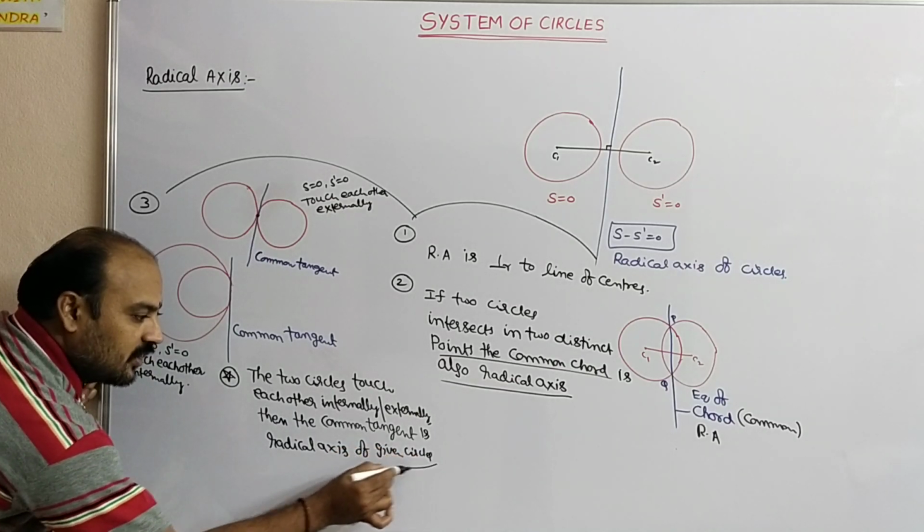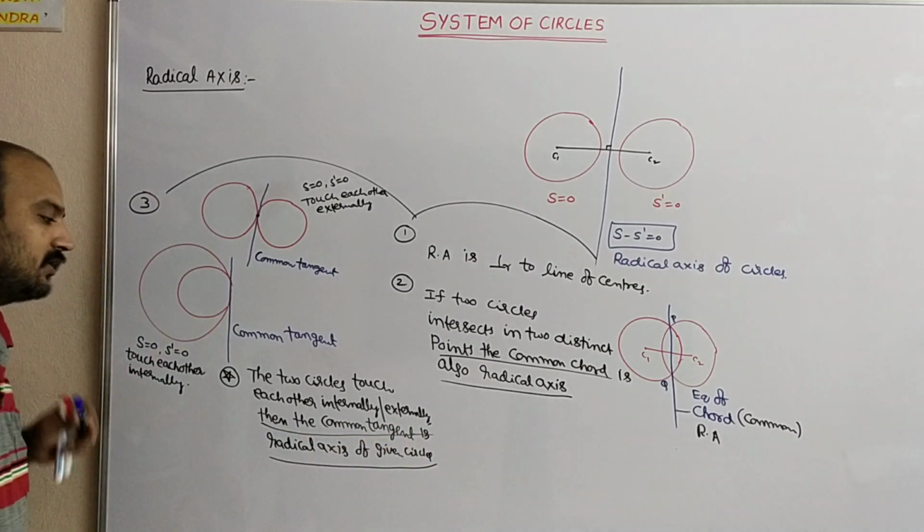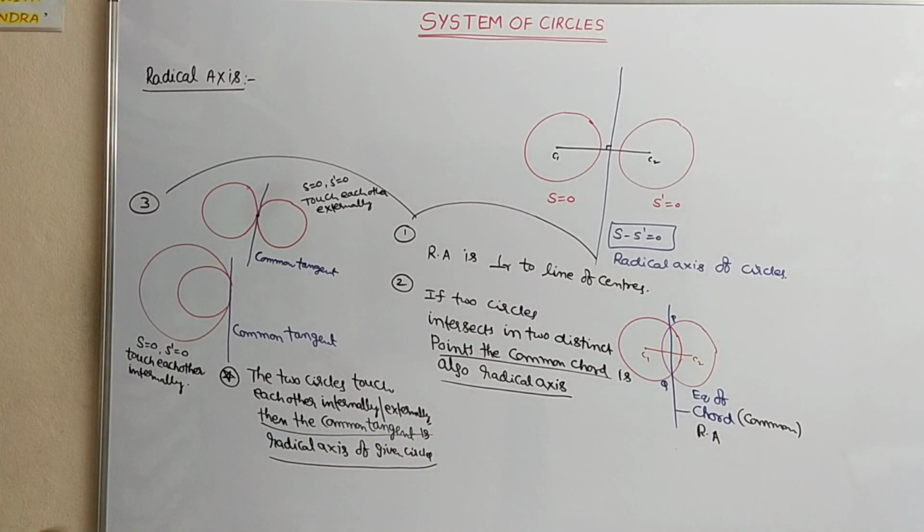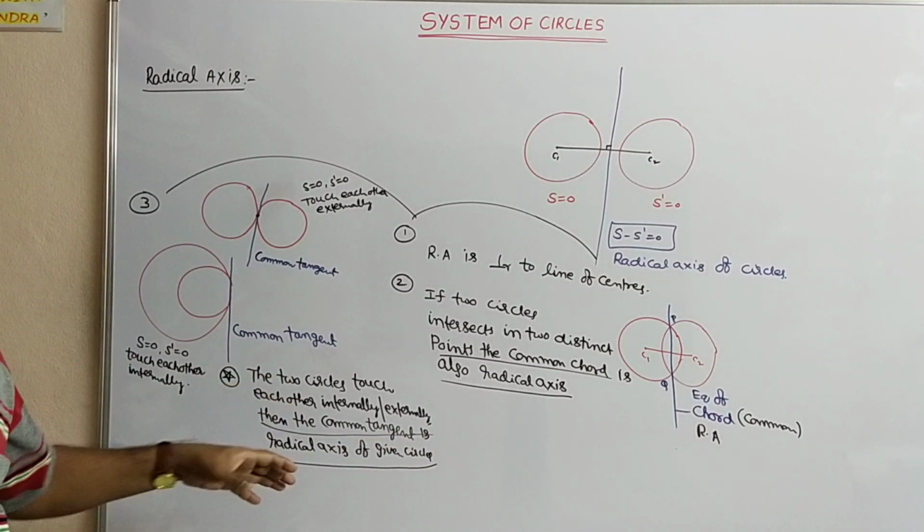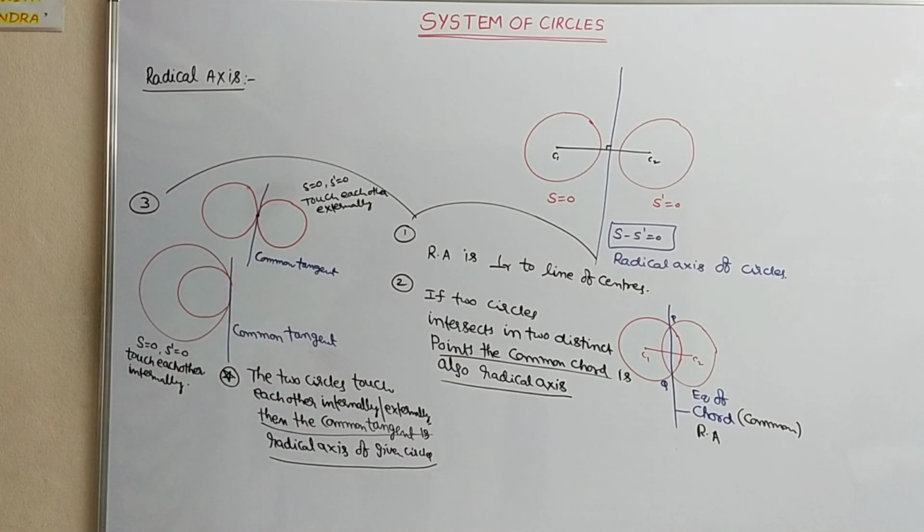So these are the possibilities to get the radical axis. More properties we will discuss now.